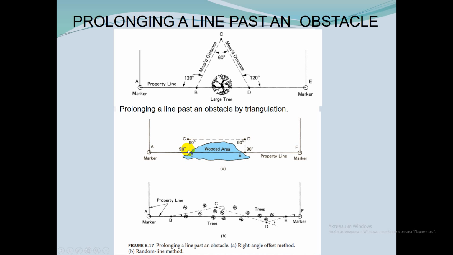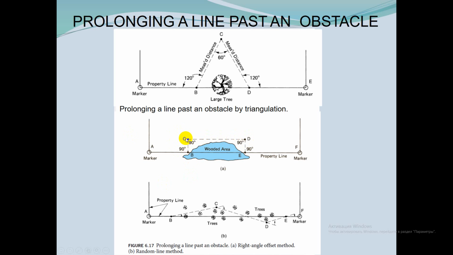A right angle is turned and point C is located a sufficient distance away from B to provide a clear parallel line to the boundary line.